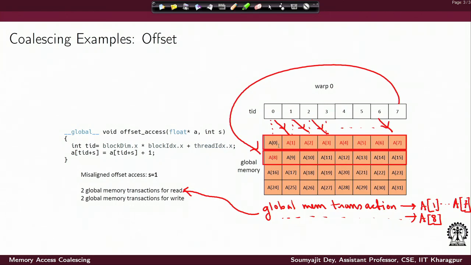So essentially the DRAM bandwidth is utilized with respect to the warp's width.